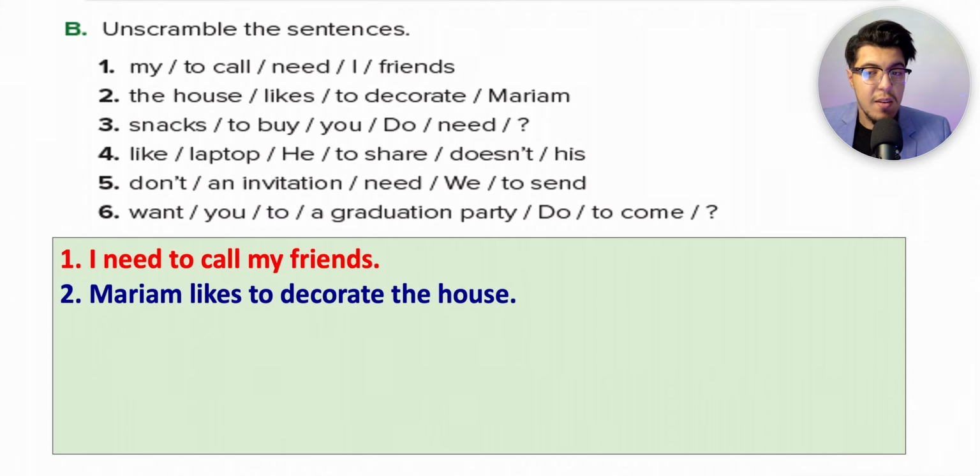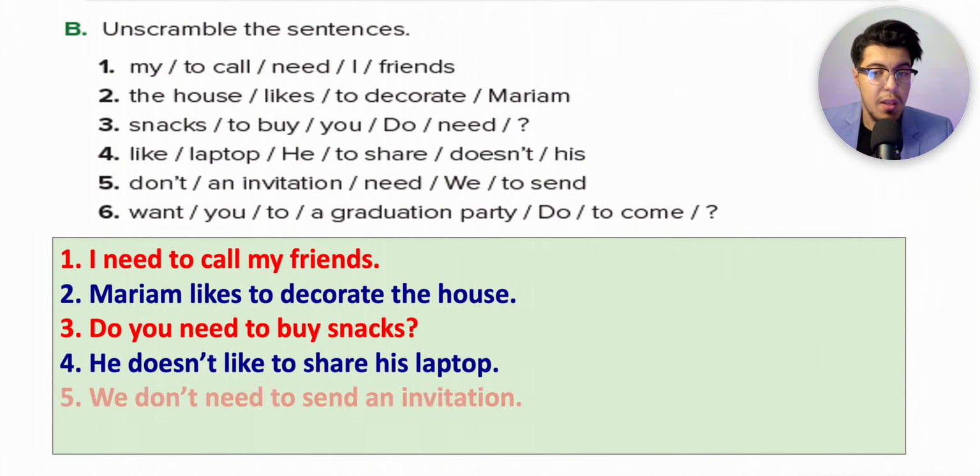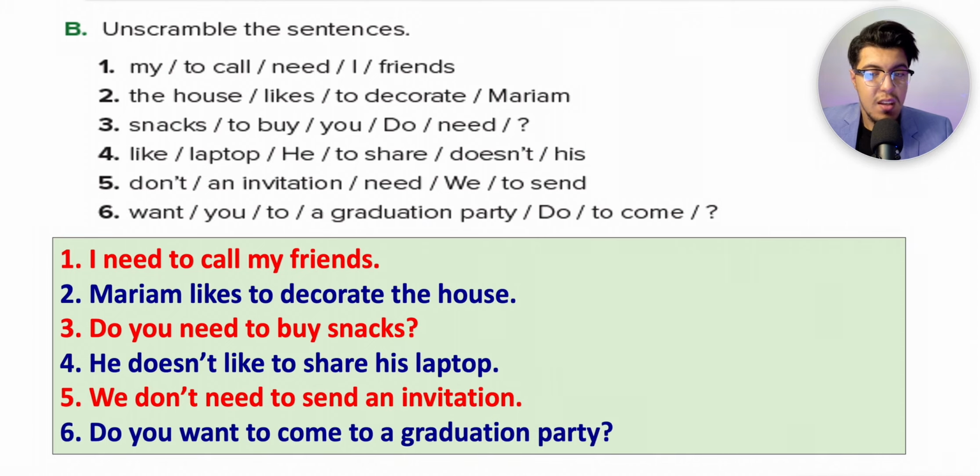Second sentence, Mariam likes to decorate the house. 3. Do you need to buy snacks? 4. He doesn't like to share his laptop. 5. We need to send an invitation. 6. Do you want to come to a graduation party?